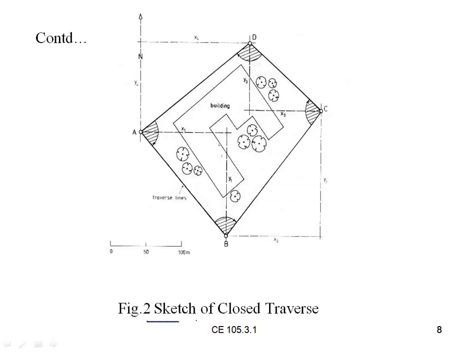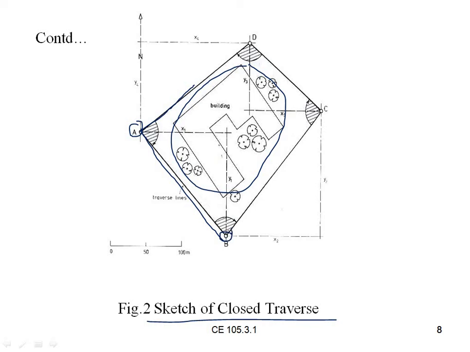And the next one is the sketch of a closed traverse. If you want to measure this building area, here you can observe a building. If you start from point A, you sight an object at point B, and again from B you sight the object at point C, and again from C you sight the object at D. Like that, again you sight the object at A. Whatever you are sighting, that first point will be the fore bearing.